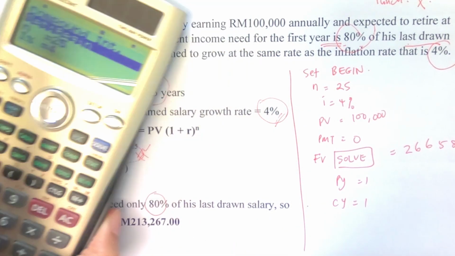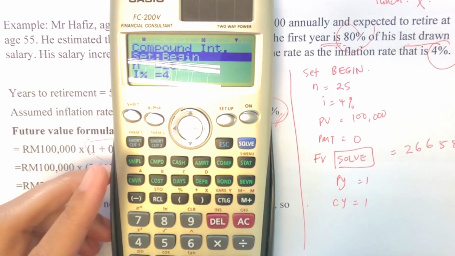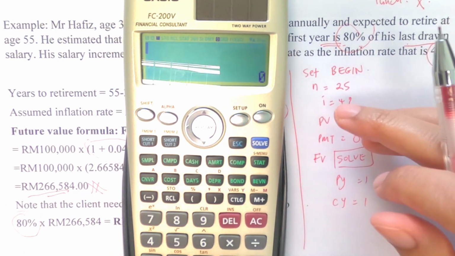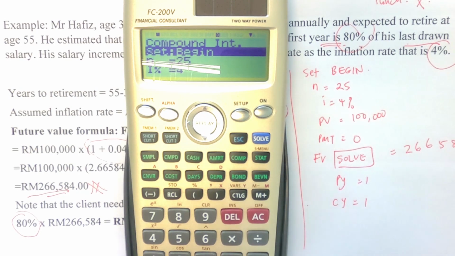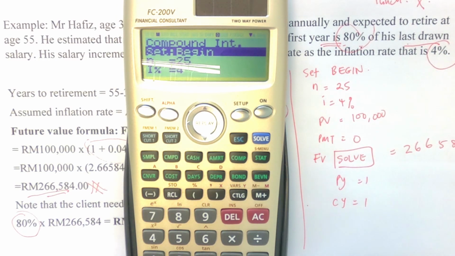Besides using this formula, you can also use the calculator to get the answer for this calculation. On your financial calculator, you turn on and choose CMPD, which is about compound interest. Set to begin, because this payment is likely to be made at the beginning of the year, because it is a yearly expense, so we consider it as a payment made at the beginning of the term.